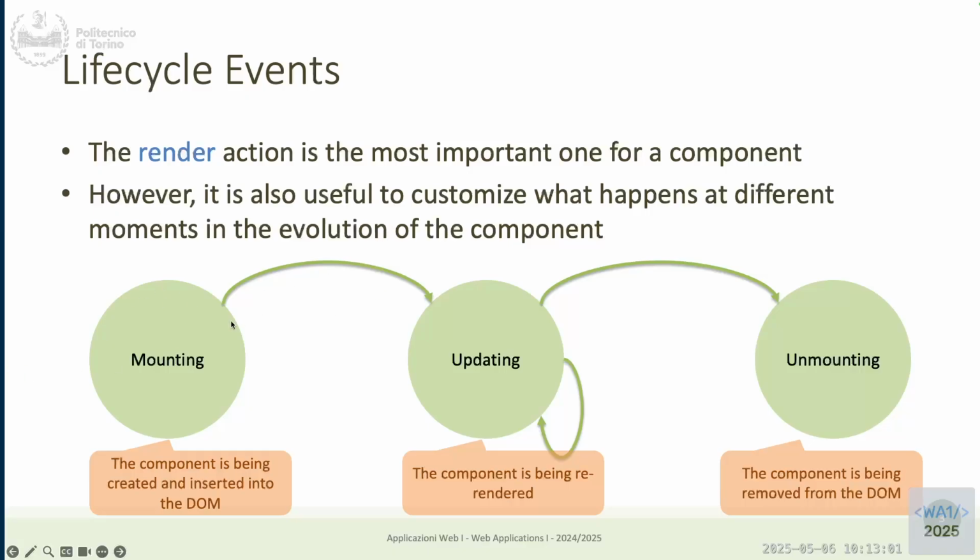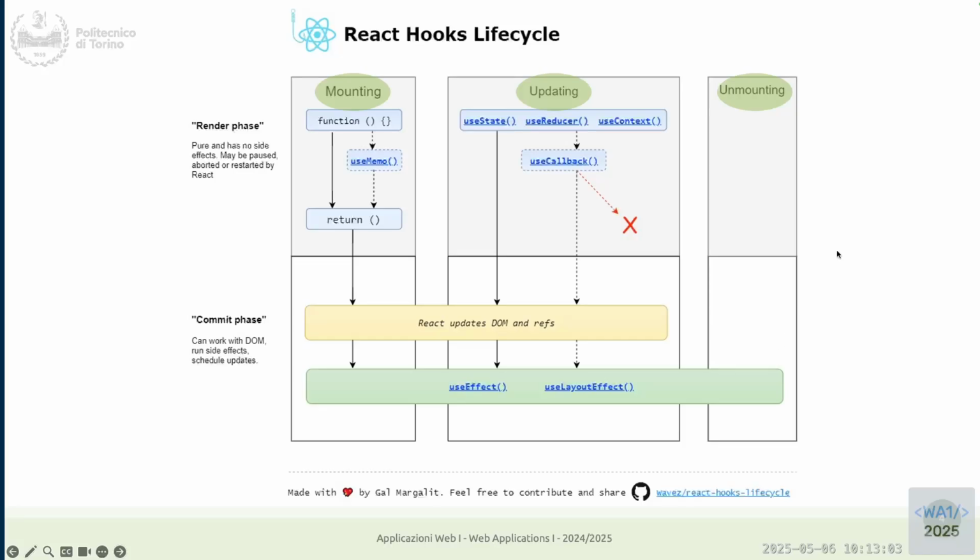And in these three different moments, different things happen. Normally, what we have is that we call the function corresponding to the component, and it returns the rendering code, so the children components, the HTML, basically the virtual DOM that we wanted to require.